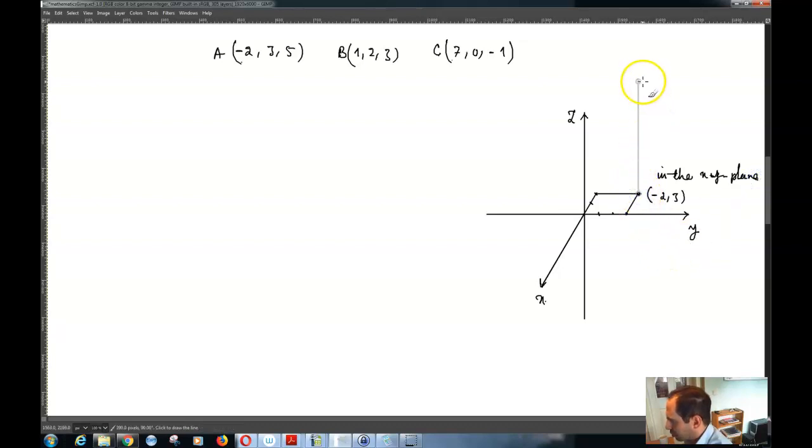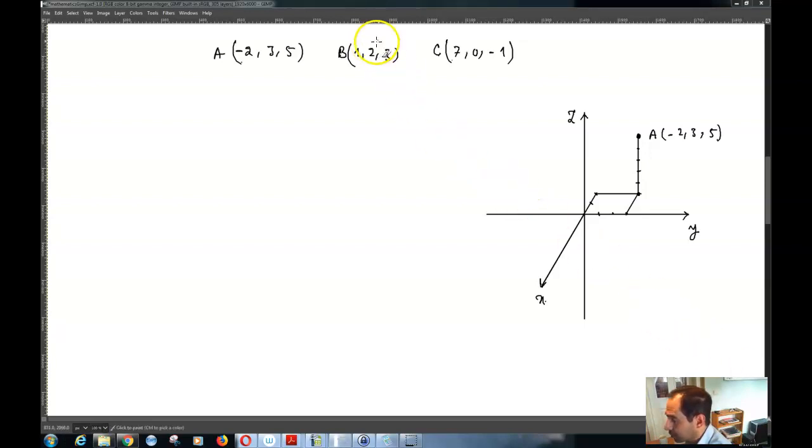Then you can drop a perpendicular to the xy plane, and on this line pick 5 units: 1, 2, 3, 4, and 5. That is your point A, (-2, 3, 5). So that is that.